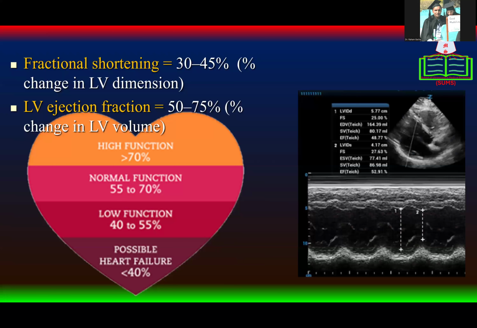So this is the percent change in the left ventricular dimension, right? And left ventricular ejection fraction is normally 50 to 75%, and actually this is the percent change in the left ventricular volume. So the fractional shortening and ejection fraction will be calculated from formulas, but most echo machines can calculate these parameters by themselves.